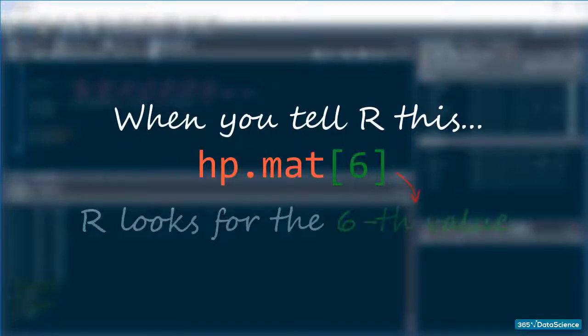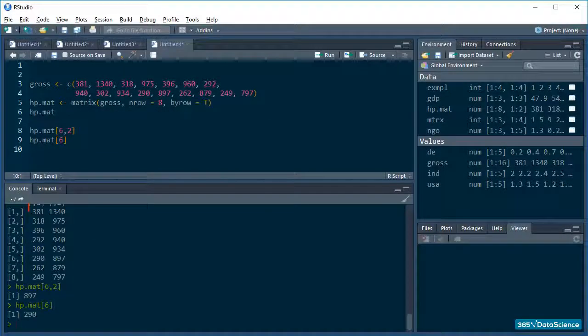When we give R this specific instruction, it looks for the 6th value, not the row, not the column. So, R goes through all the values in the matrix, one by one, column by column, left to right, and it counts. 290 is the 6th value, so this is what is returned.